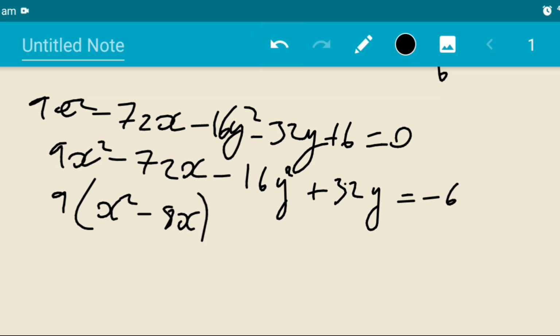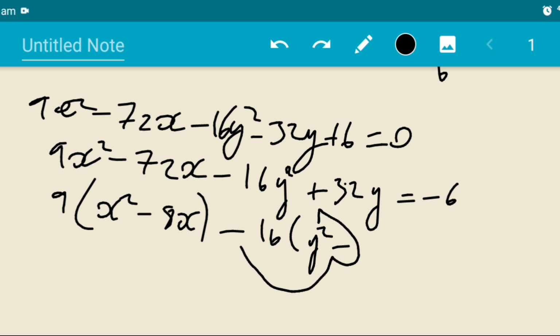Then we do the same for this. We say minus, let's factor out the 16. So 16, then we say y squared plus, actually this is a minus, because this minus multiplied by the minus gives us the positive there. Factoring out 16, plus 16 is 32, so that's a 2y. Then we close, equal to negative 16.